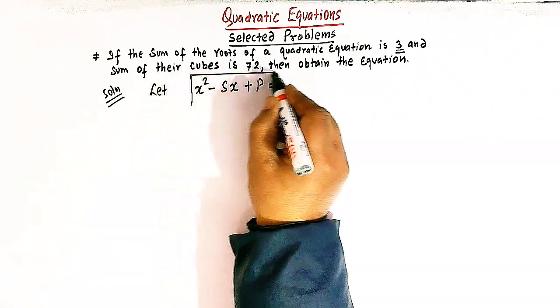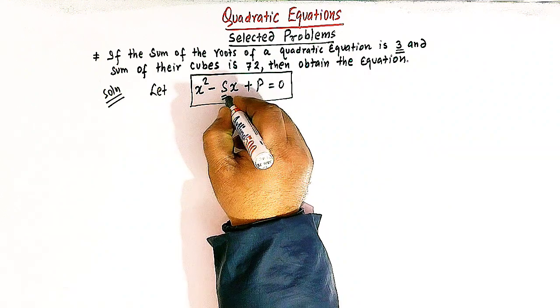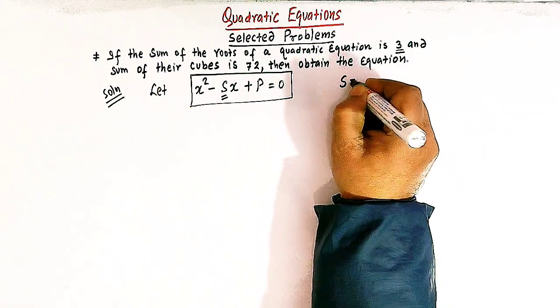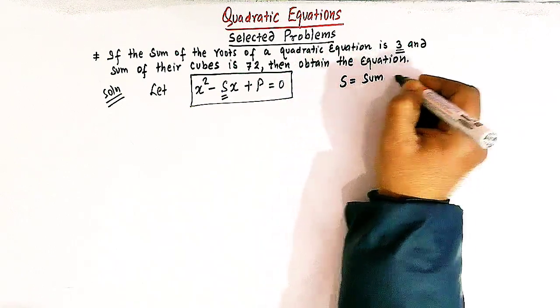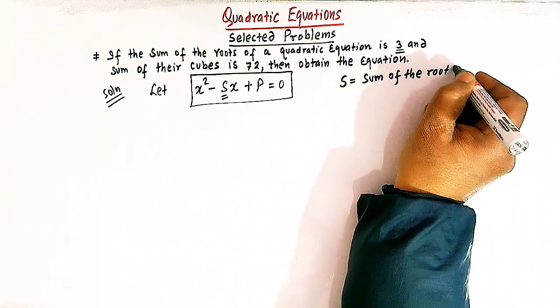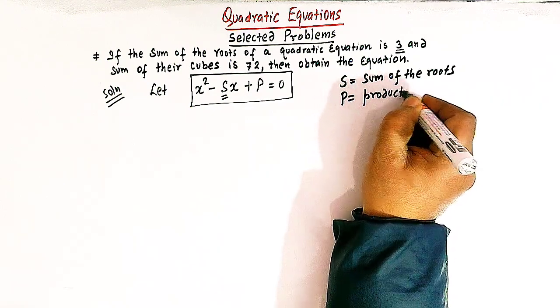Because this is the form of the quadratic equation when we are given the sum and product of the roots of the equation. So here s denotes the sum of the roots, and p denotes the product of the roots, right?